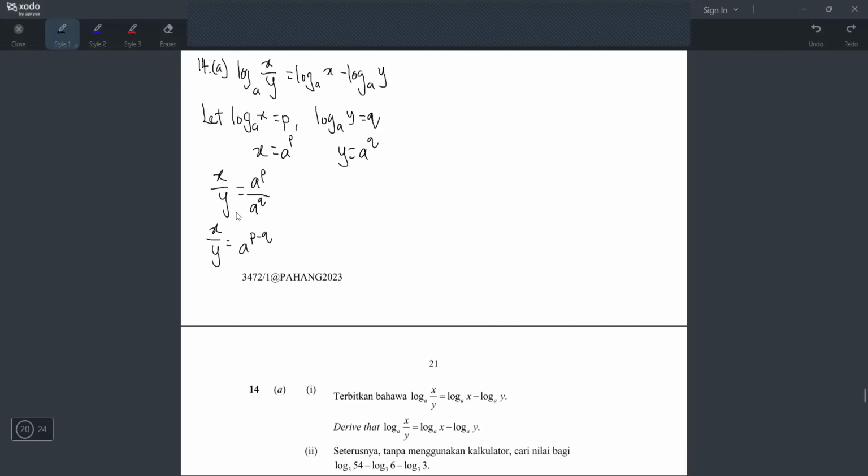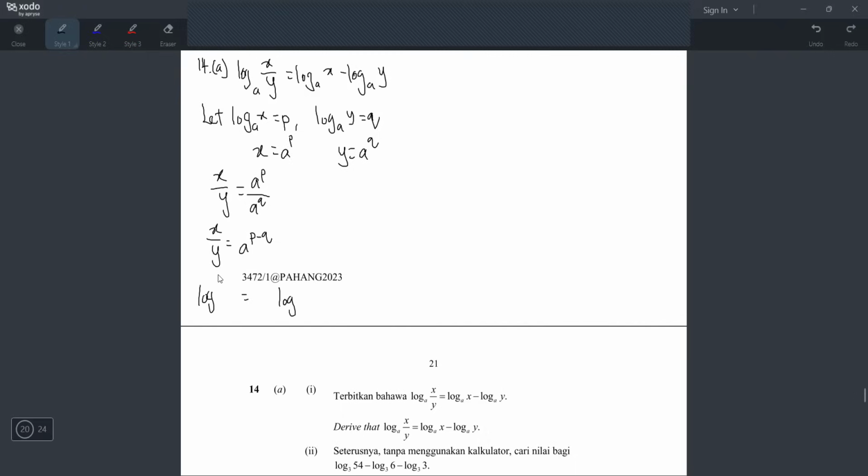Since the formula I'm proving is log x over y base a, I have to add log on both sides. I add a log on this side, and the other side also, so that it's balanced.